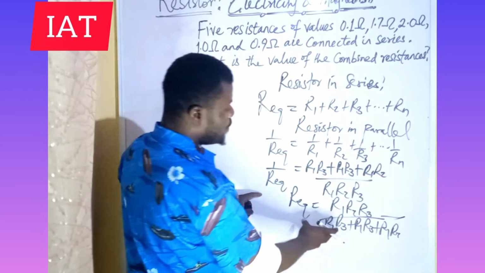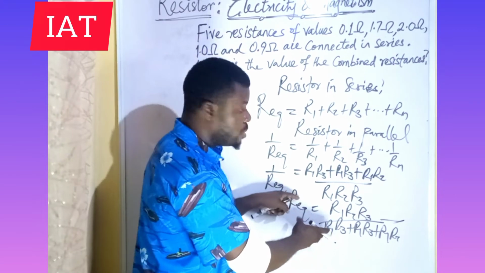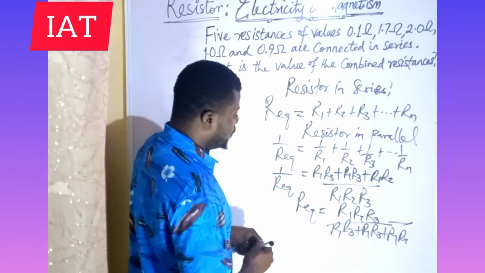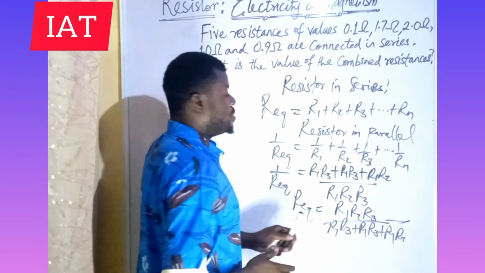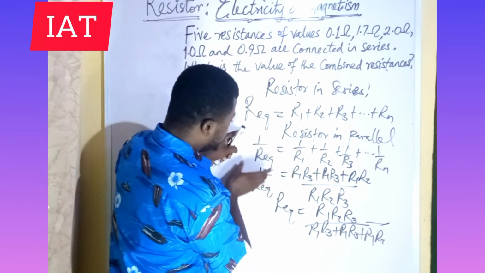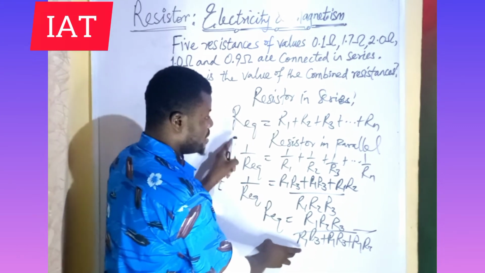So this is another formula you can easily use in solving problems that involve resistors in parallel. Then use this formula, or you can still use the other formula. They are the same thing.